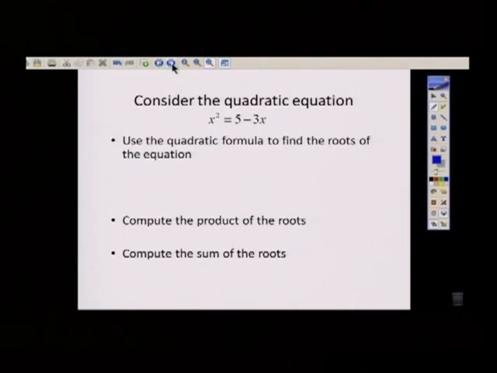So here, consider the quadratic equation x squared equals 5 minus 3x. I'd like you to use the quadratic formula to find the roots of that equation. And after you do that, could you find the product of those two roots and the sum of those two roots?